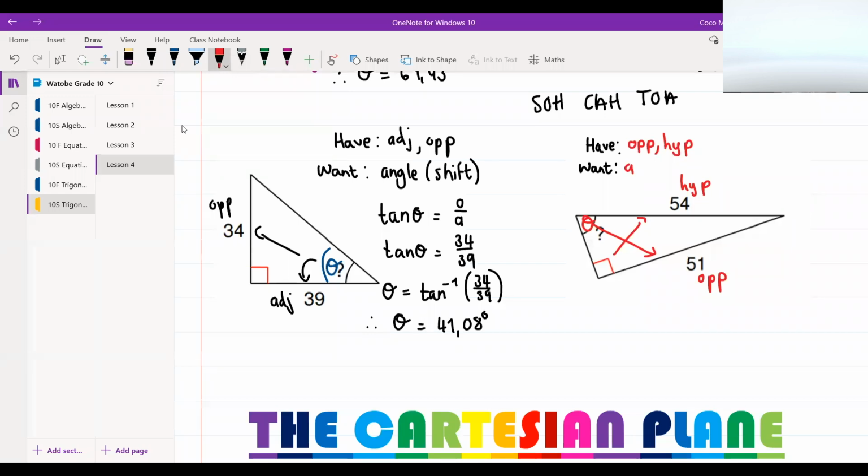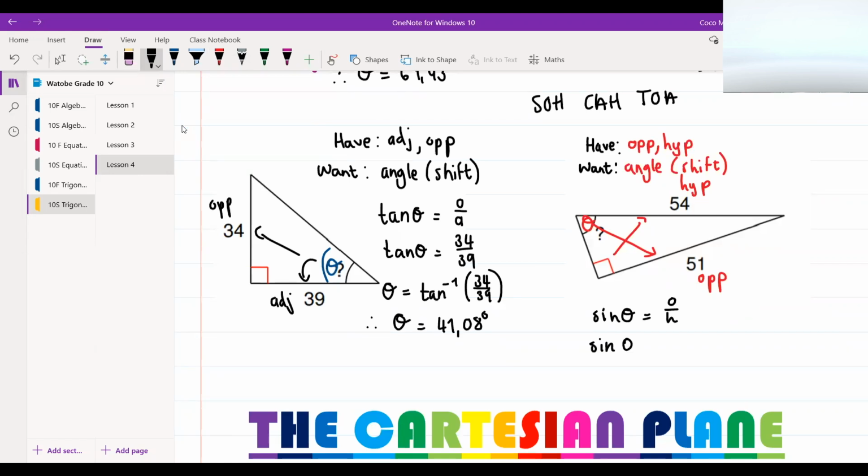I want my angle. And I automatically remember that I need a shift angle. All right, so we're going to use SOH. And we know that the S in SOH stands for sine of theta, which is equal to opposite over hypotenuse. Okay, so I'm going to put this in numbers.